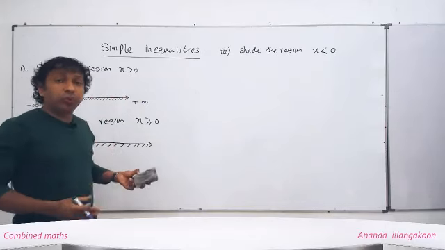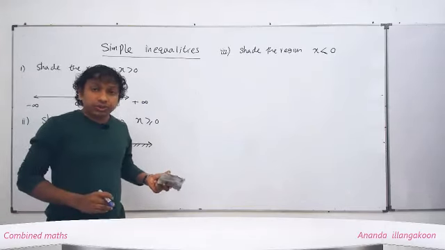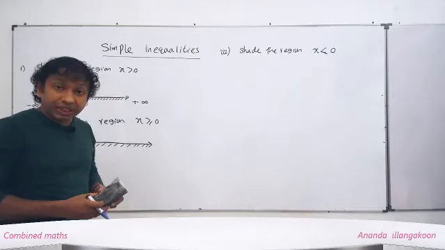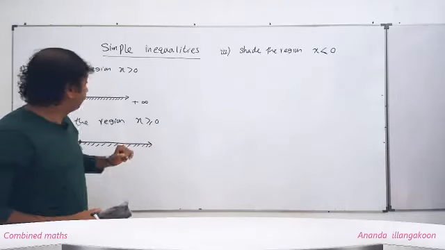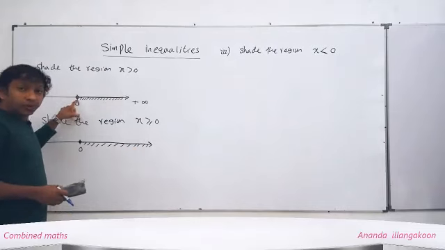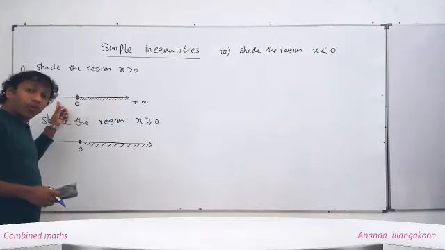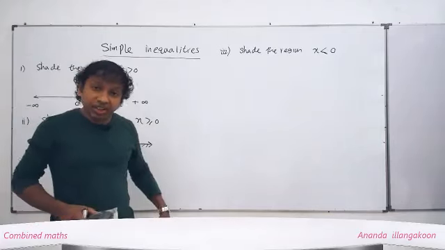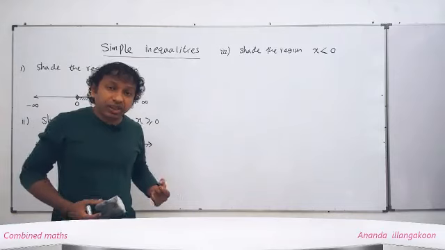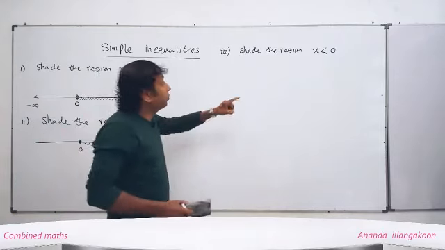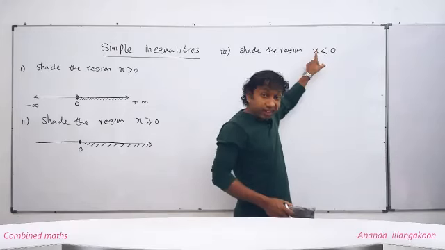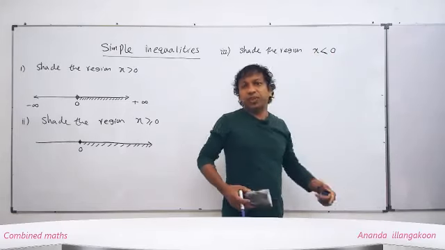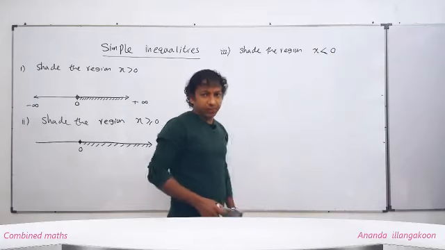The numbers which are less than 0 are available on the left of 0. Here we have 0. On the left of 0, all real numbers are negative. So if we need to say a real number is negative, we use this notation. That real number is generally represented by x. X less than 0 means, people, that real number is negative.